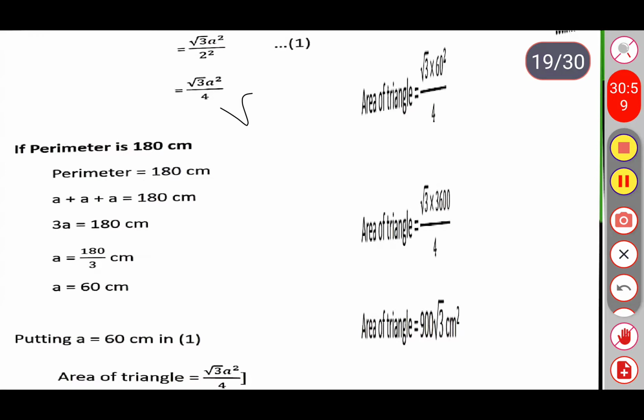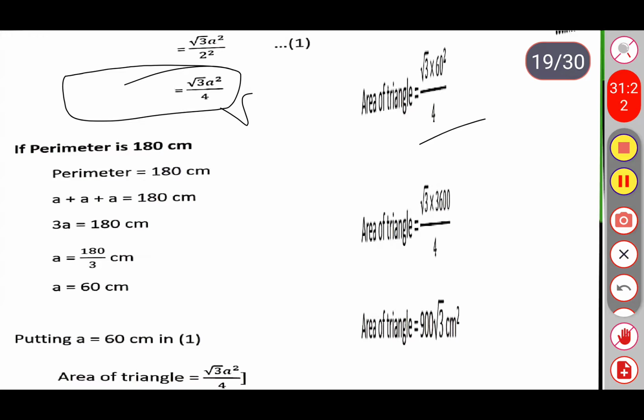That's why, to find the area of an equilateral triangle, we can directly use the formula: square root of 3 into A square divided by 4. Here A is the length of one side of the equilateral triangle.